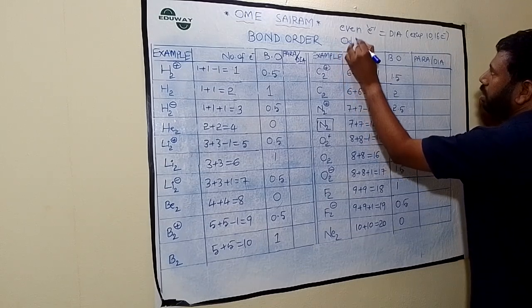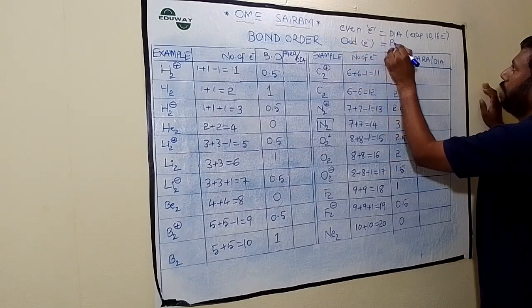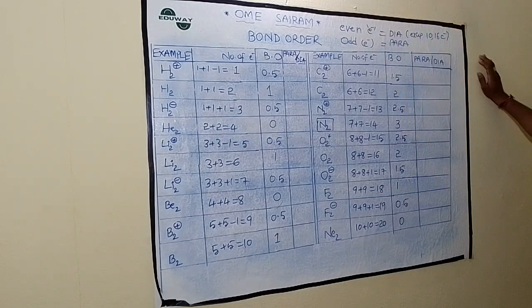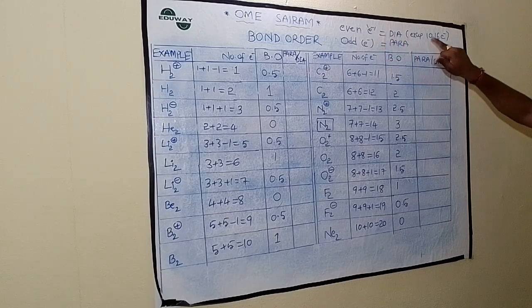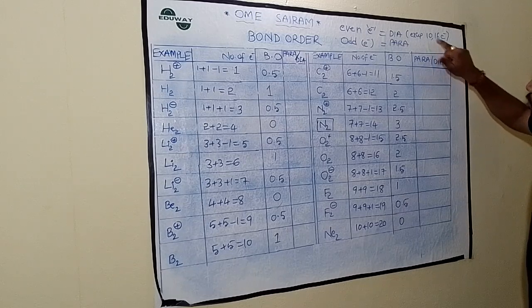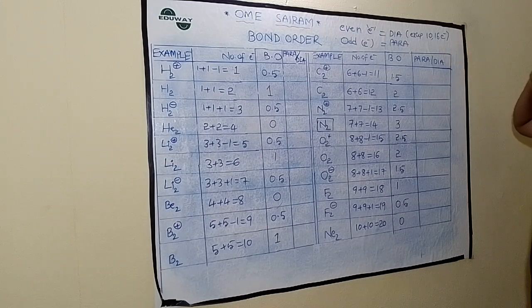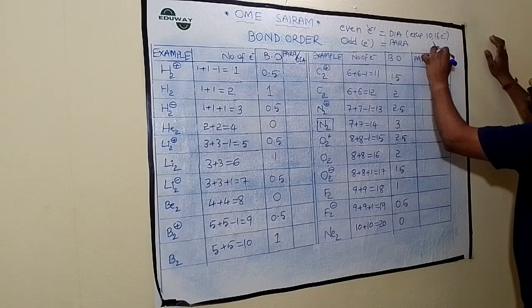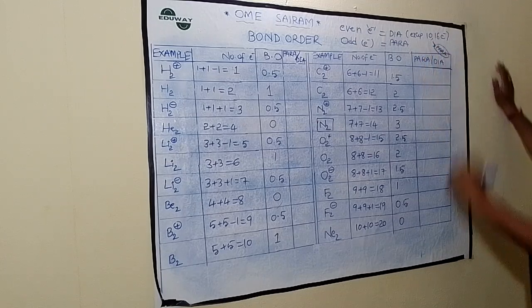Odd number of electrons always paramagnetic. Even number of electrons always contains diamagnetic, except 10 and 16 electrons. Even though these are even numbers, these do not show diamagnetic. These only show paramagnetic. 10 and 16 electrons can show only paramagnetic.